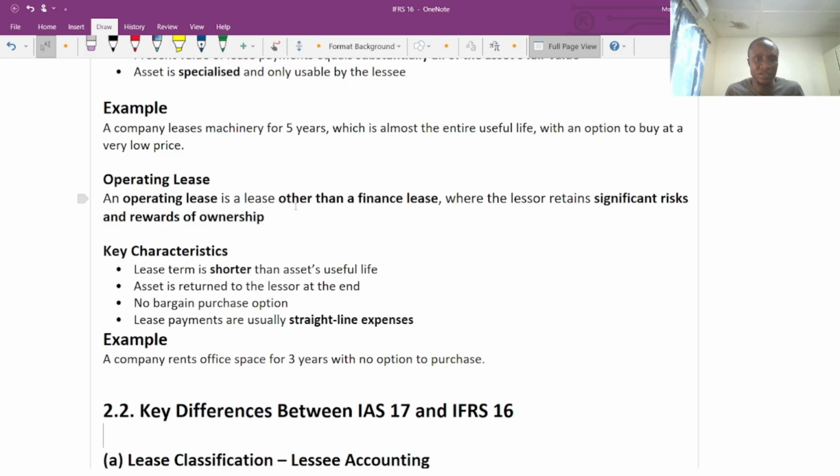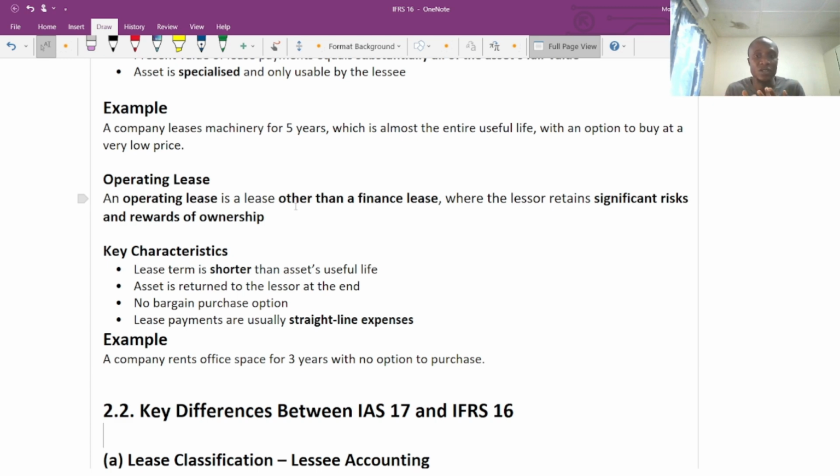Now, for the machine, for example, if within the lease agreement there is a clause that clearly states that you don't have the option to purchase the machine at the end of the lease period, then also, let's assume the machine has a useful life of 10 years, for example, but the lessee decided to lease it for 3 years.